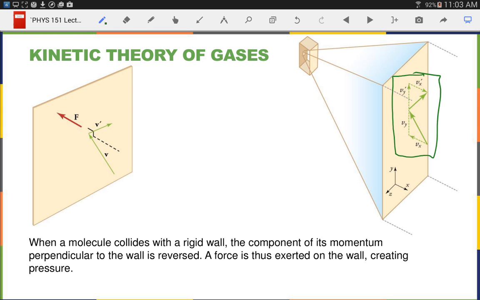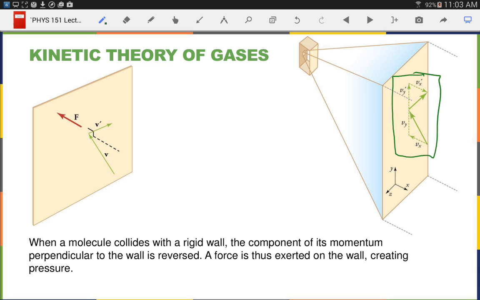In order to effect a change in momentum, I have to have a force. And so that's what's going to be happening when the molecules hit the wall, or when the molecules hit my head. They bounce off my head, they change momentum, my head is required to put a force outward on them to make them change momentum, and that's what I feel as the air pressure.